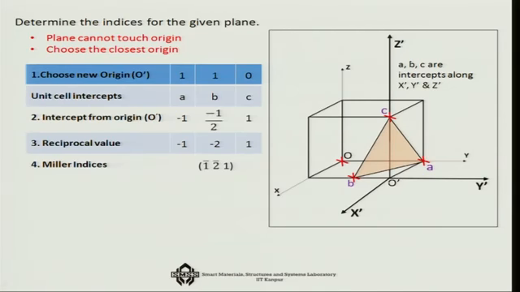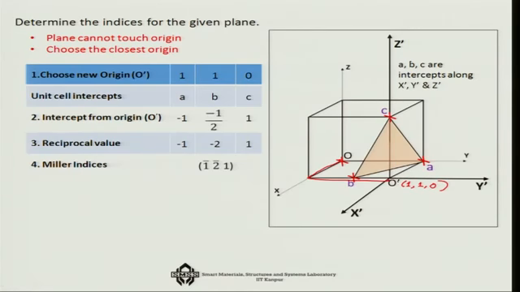Now, O prime is the closest in this case. So, we go for O prime here, and if you look at the O prime's coordinates, then it is 1, 1, 0, because x axis unity and then y axis unity and then z axis 0.